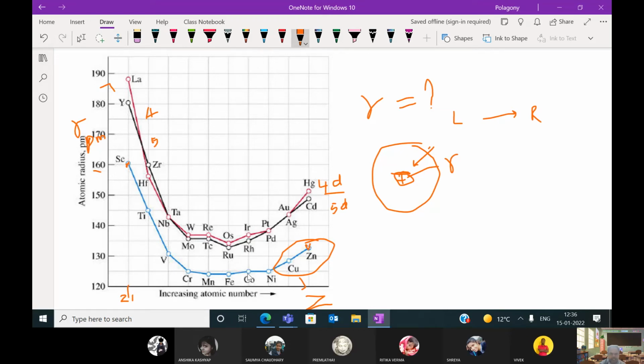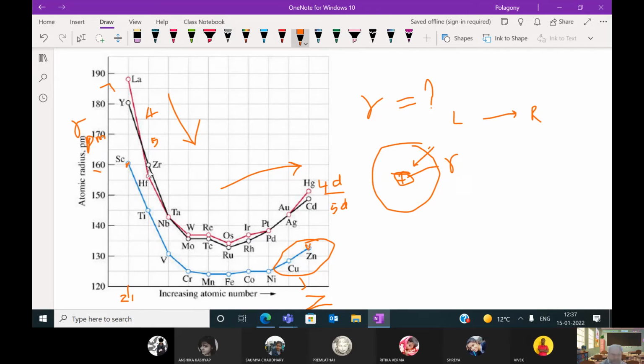This is the 3D series and the 4D series, there is so much difference. But for the 4D series and 5D series, their atomic radii are close. Atomic radius decreases with increasing Z value. When Z value increases, atomic radius decreases.